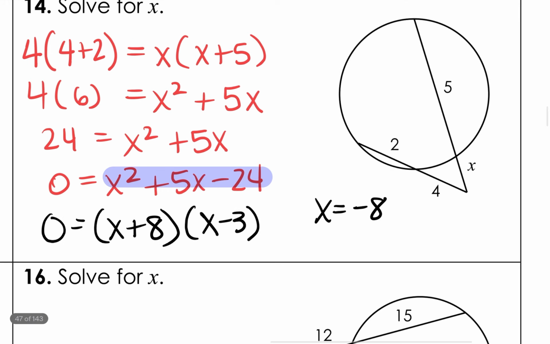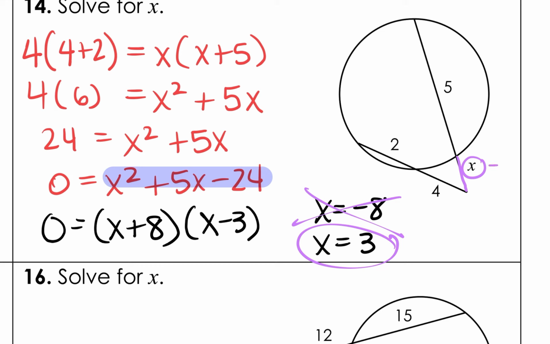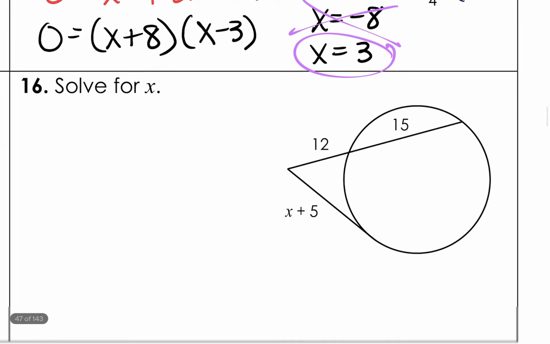So I know that x is equal to negative 8 and positive 3. But of course, it would be impossible for a segment to have a negative length, so this would be 3.